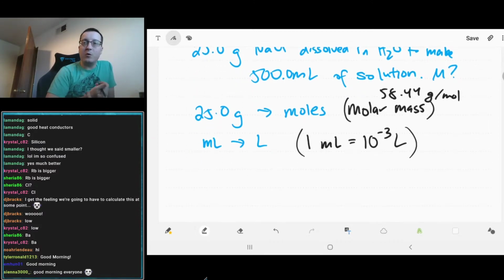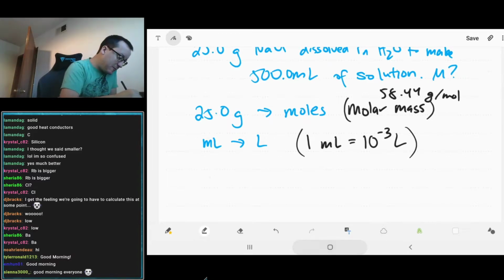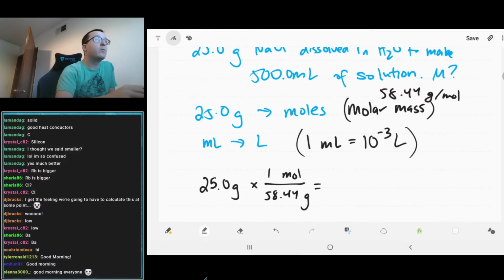So, if we wanted to calculate the molarity of the solution, 25 grams times 1 over our molar mass. Let's see here. Let's bust out that calculator. 25 divided by 58.44.